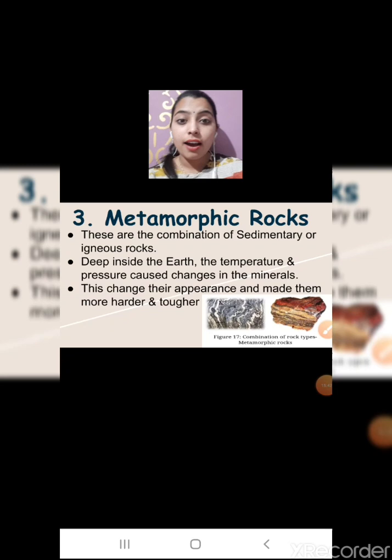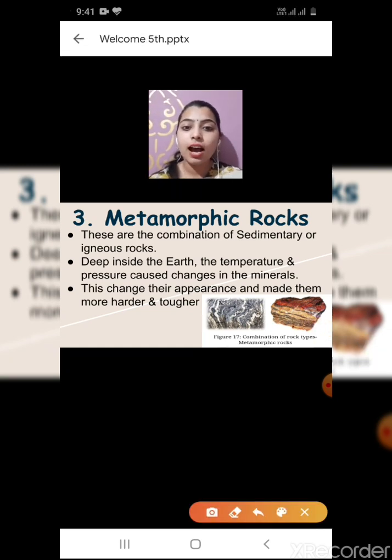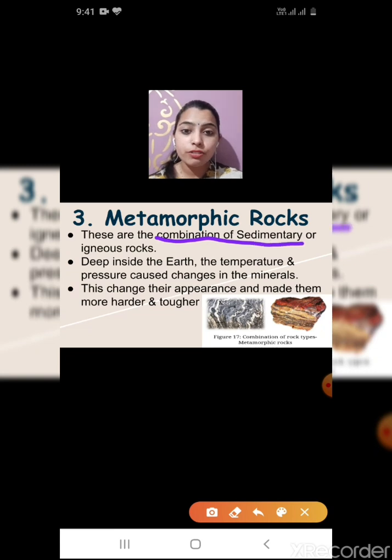Now we have our third type of rock. How many types of rocks are there? There are 3 types of rock. First one is igneous rock, second is sedimentary rock, third is metamorphic rock. So we are going to study metamorphic rock now.